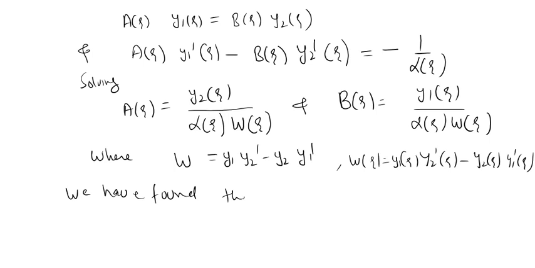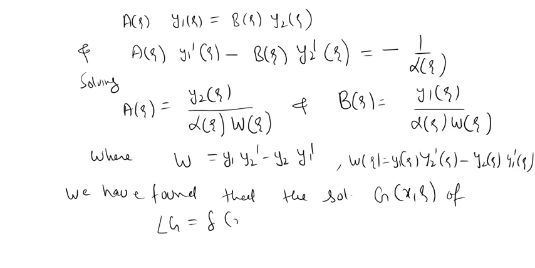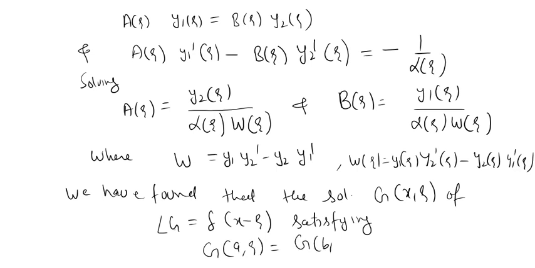We have found that the solution g(x, xi) of Lg equal to delta(x minus xi), which satisfies the conditions g(a, xi) equal to g(b, xi), is given by this. So you got A and B, and they satisfy the homogeneous conditions, g(a, xi) and g(b, xi) equal to 0.